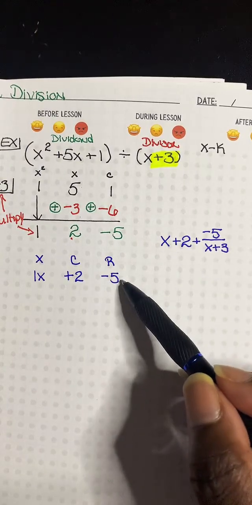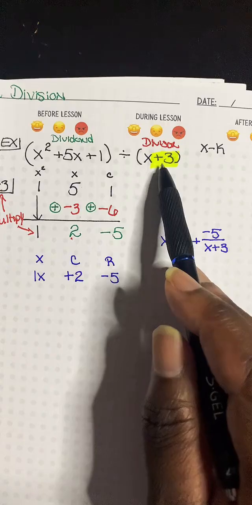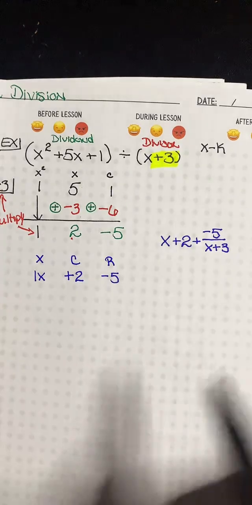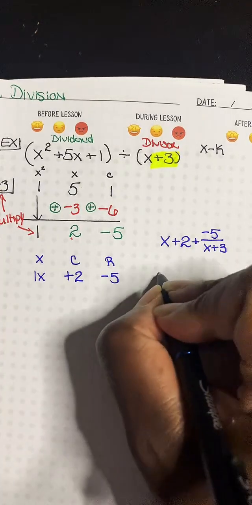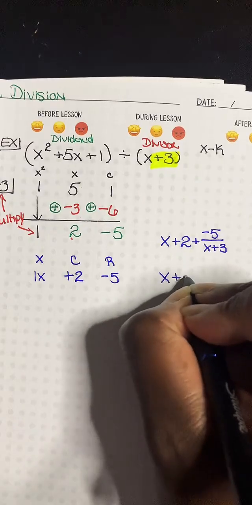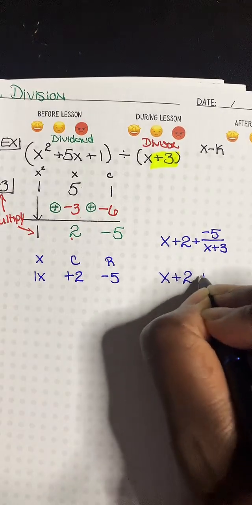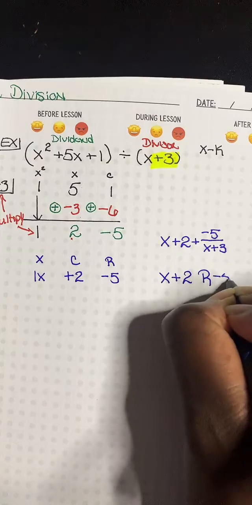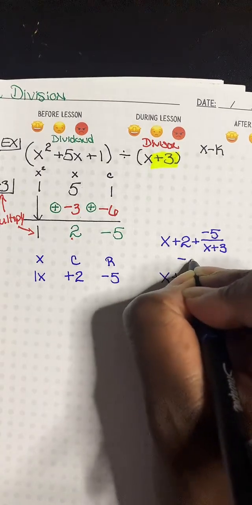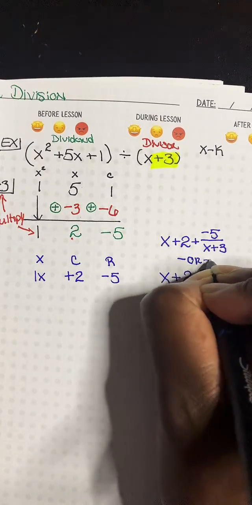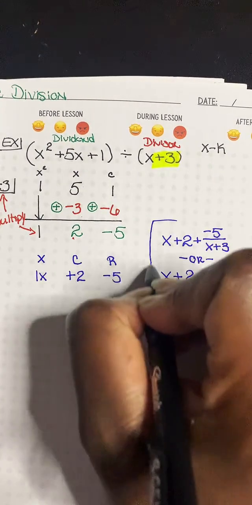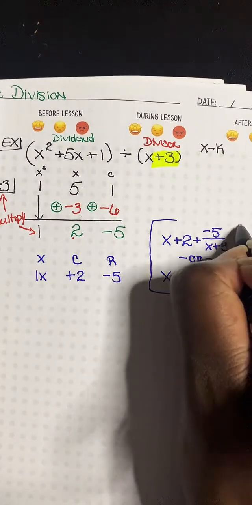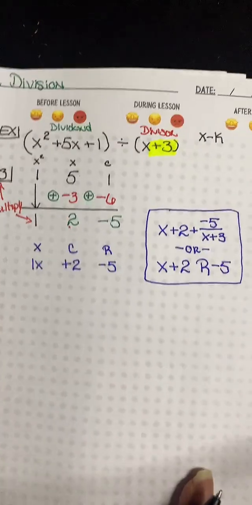When I have a remainder, I always put it over my divisor. There are some places that are still doing this with a capital R and have a negative 5. So I'm going to write the word or, because there are some places that are still using that as a solution.